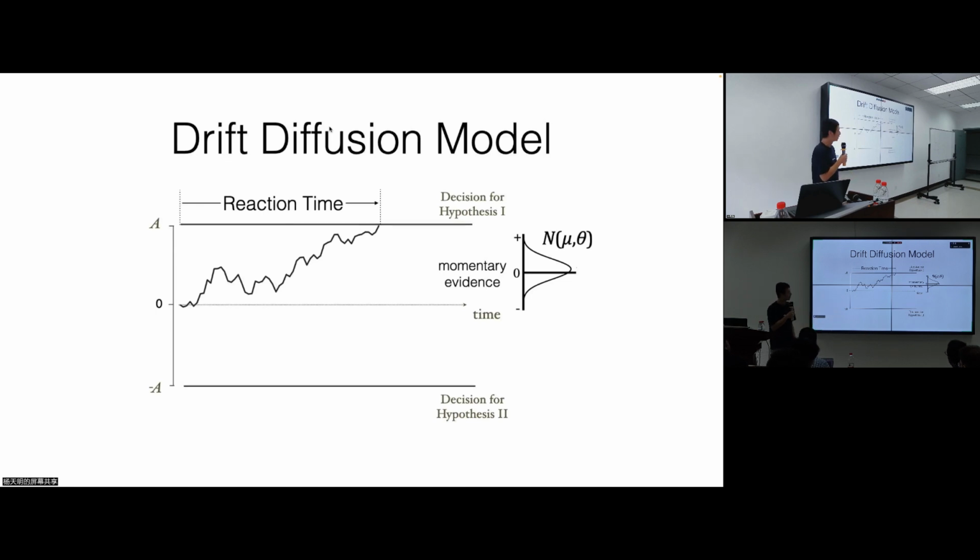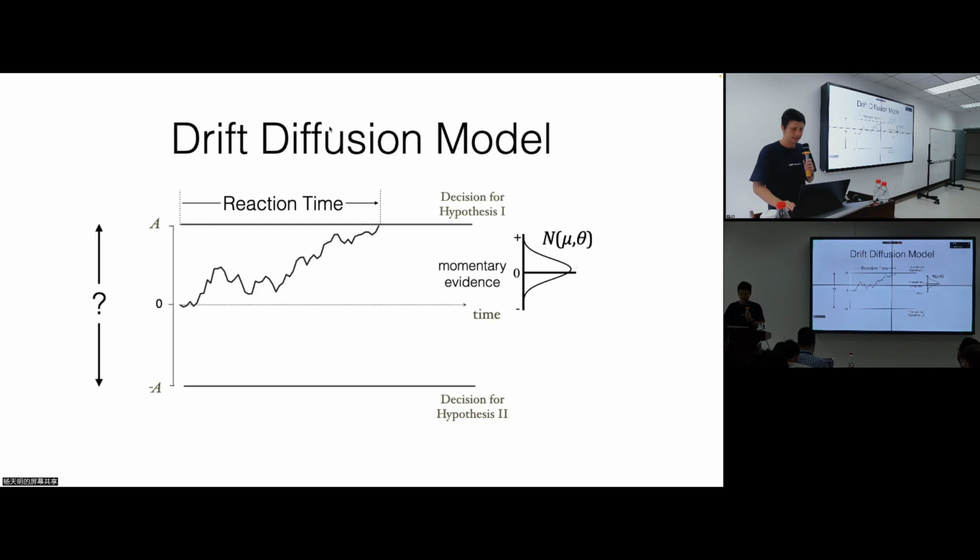In the DDM model, the y-axis is just some abstract concept of evidence. So we want to ask the question: what exactly is the y-axis in the brain? When the brain is accumulating evidence, how can we quantify evidence? That's the question I'm going to talk about today.